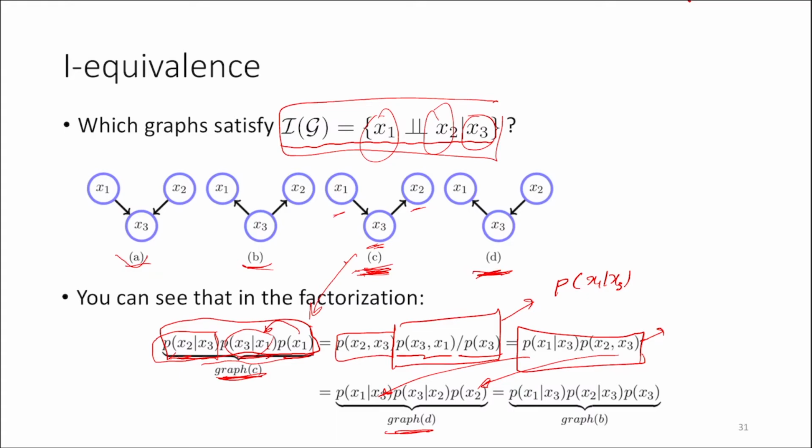In graph D, we have P of X1 conditioned on X3, and X3 conditioned on X2, multiplied by P of X2. And similarly for graph B. So this set of independence is consistent with graph B, graph C, and graph D. Why am I showing you this set of equivalence?